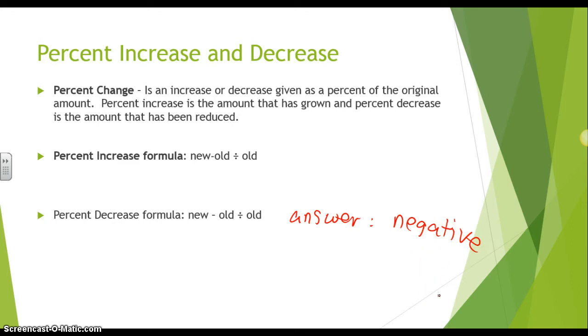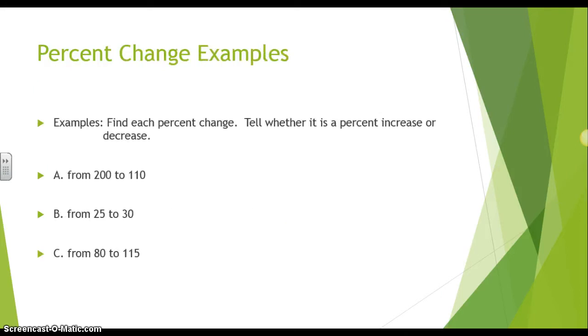So let's do a few percent increase and decrease problems. For these examples, we have to find each percent change, whether it's a percent increase or decrease. So let's think of the formula I just showed you: new minus old, divided by your old, or your original. Here our new is 110, our old is 200.